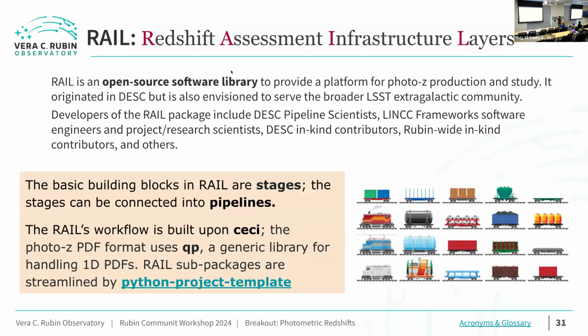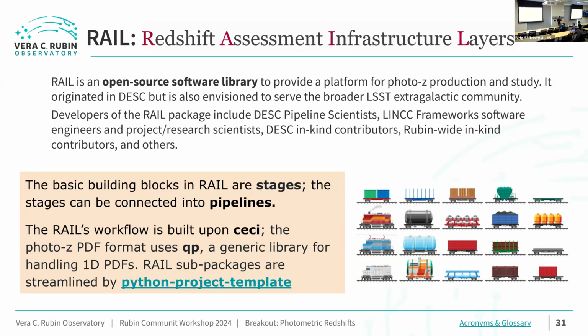RAIL is an open source software library to provide a platform for PhotoZ production and study. It originated in DESC and is currently based in DESC, but it's also envisioned to serve the broader LSST extragalactic community. Developers of RAIL include DESC pipeline scientists, LINCC Framework software engineers, project scientists, DESC in-kind contributors, Rubin-wide contributors, and others in the open source software community.